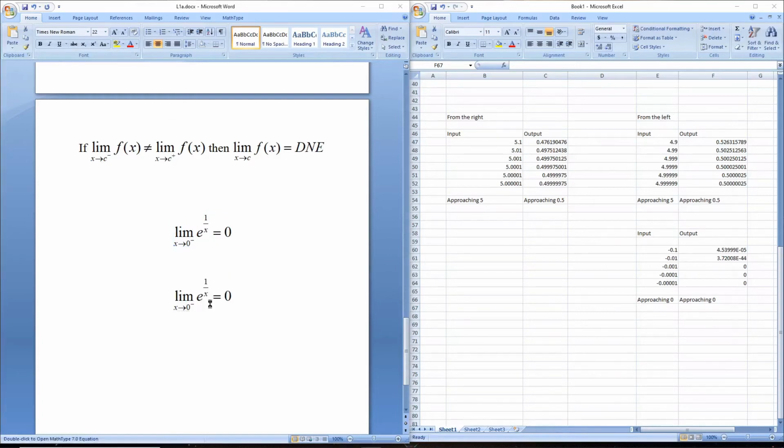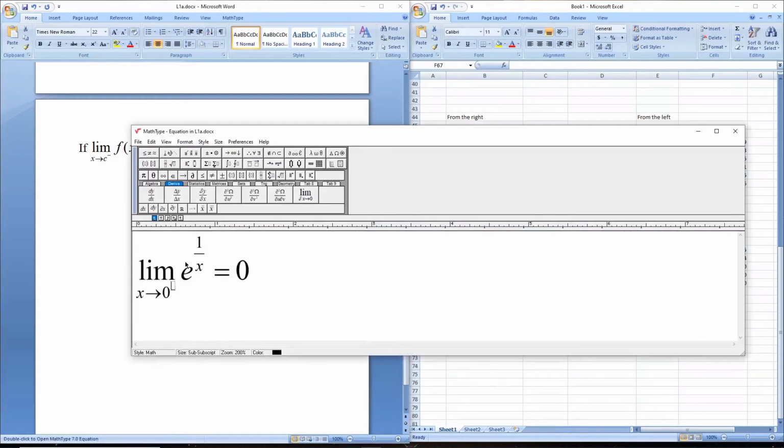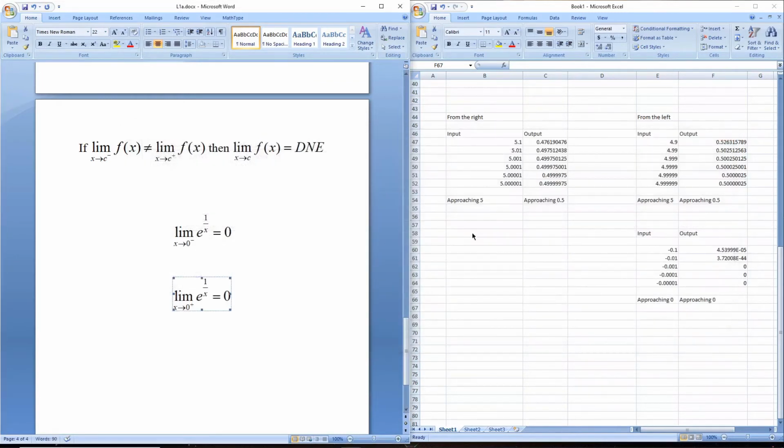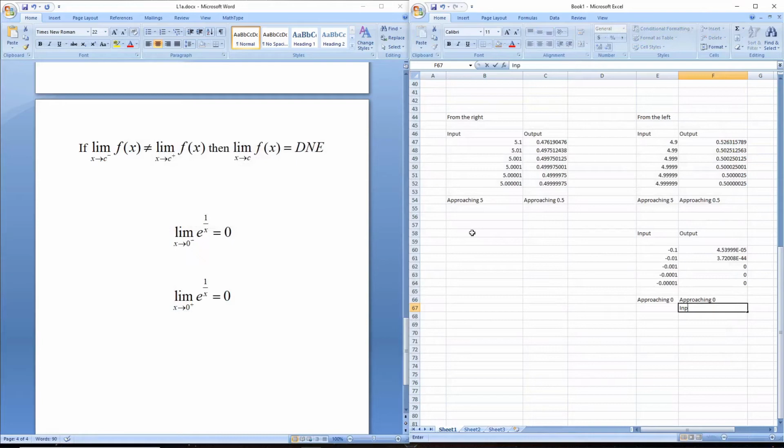So let's do the same one. Let's approach from the right. And again, we want to start with numbers to choose. So we're starting from the right of 0, which means a number larger, say 0.1.